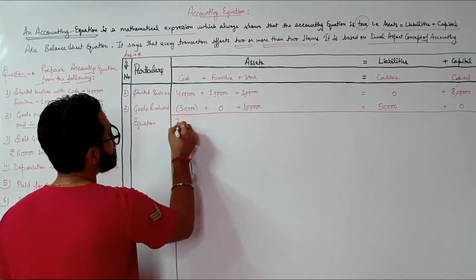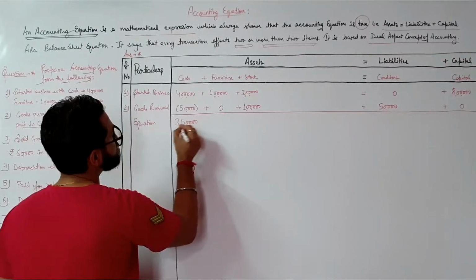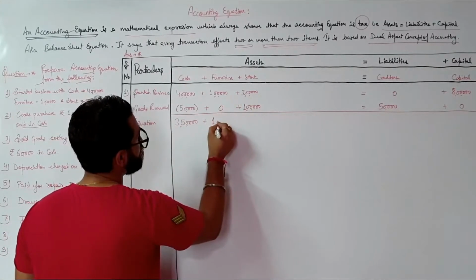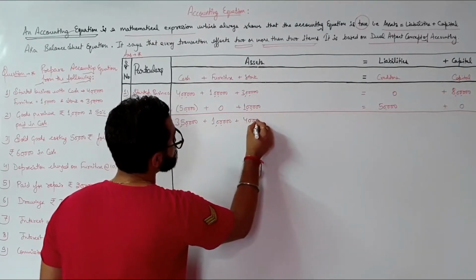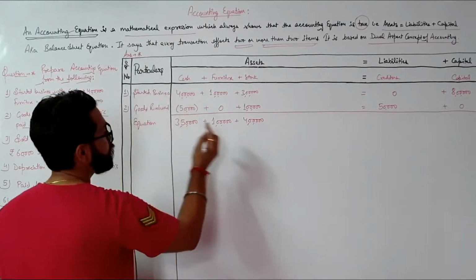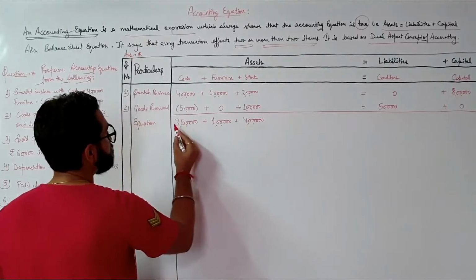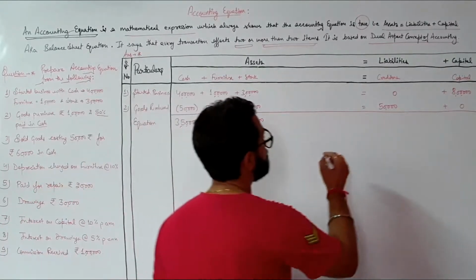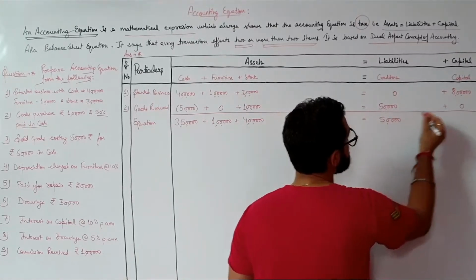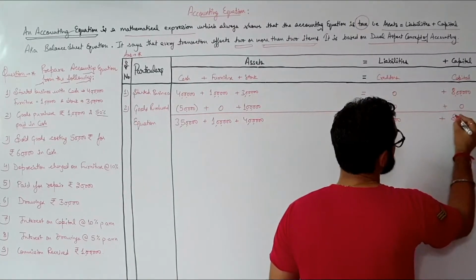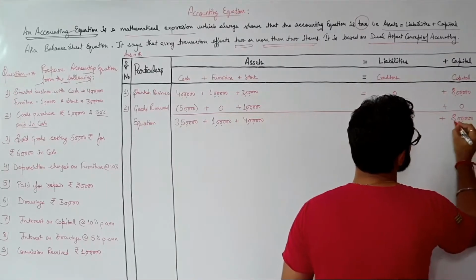Now after first two equations you have to balance the equation. 4 lakh minus 50,000 is 3 lakh 50,000. 1 lakh plus 0 equals 1 lakh. 3 lakh plus 1 lakh equals 4 lakh. Total is 4, 5, 6, 7, 8, that is 8,50,000. Now here 0 plus 50,000 is 50,000 plus 8 lakh plus 0 equals 8 lakh.